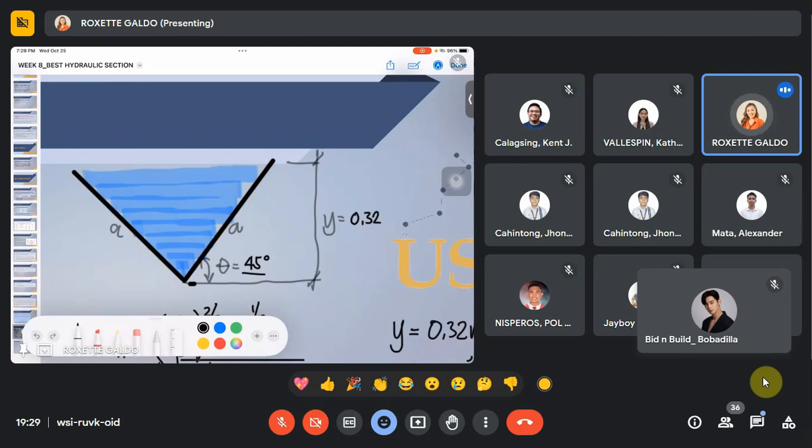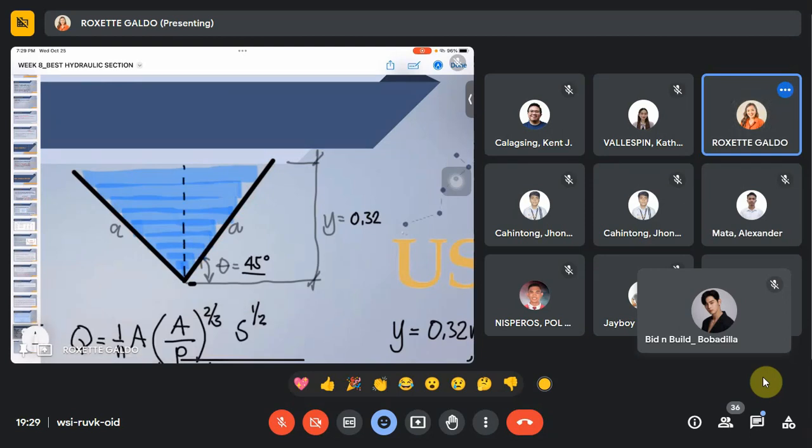How do you get the value of a? Since this is 45 degrees, you can cut this and make a right triangle here.